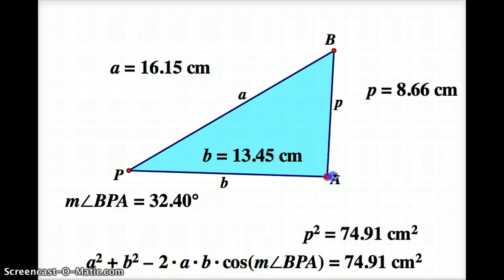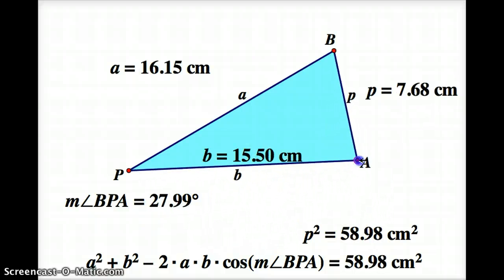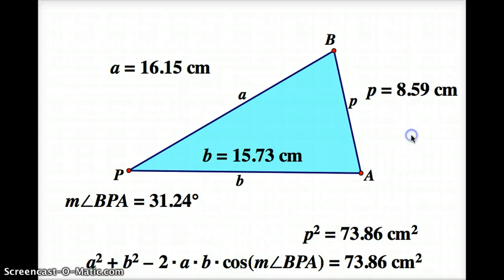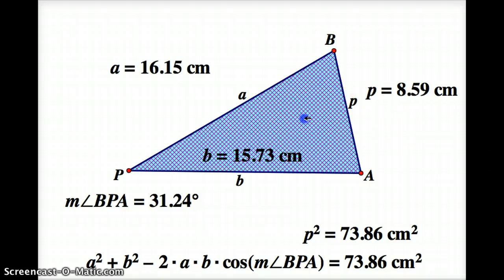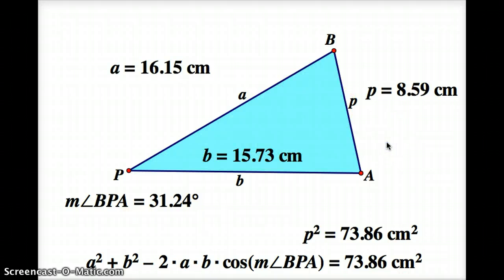It's going to change the side P, so that value is going to change in this case. All right, so that's the gist of how the triangle is set up, what the law of cosines formula is about, and the fact that it really does work.